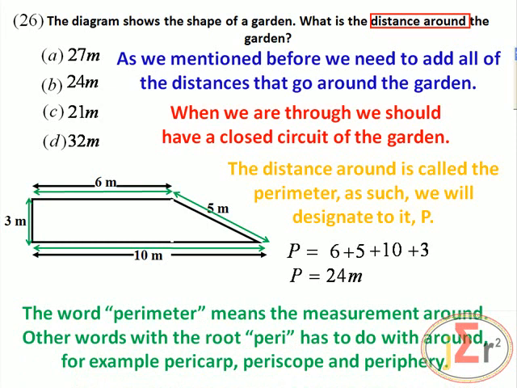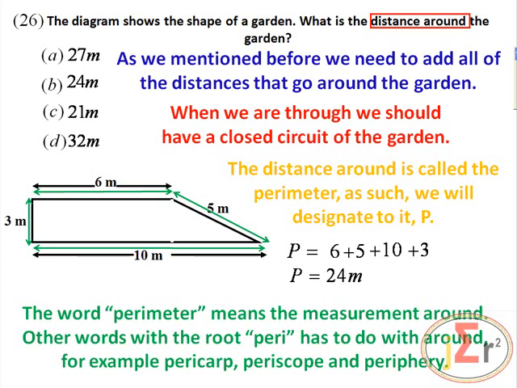The word perimeter means the measurement around. Other words with the root peri have to do with around, for example, pericarp, periscope, and periphery.